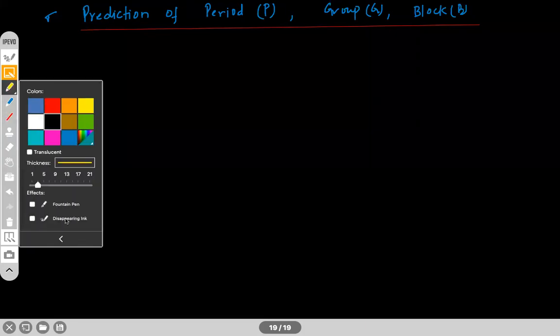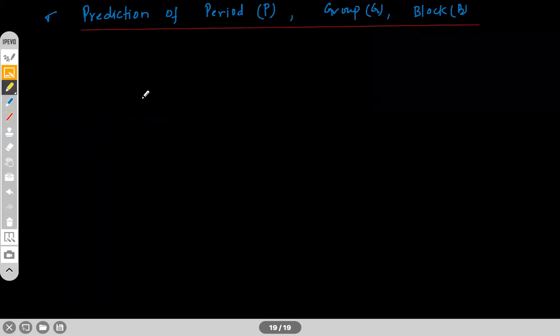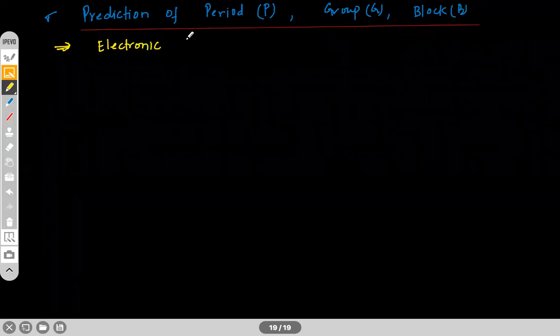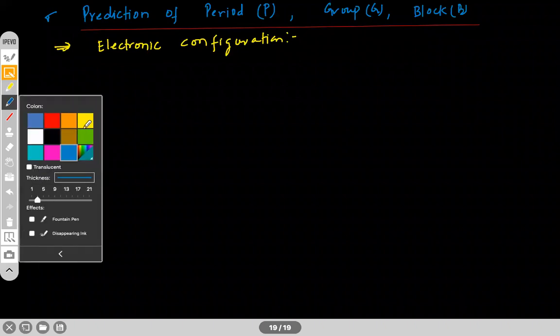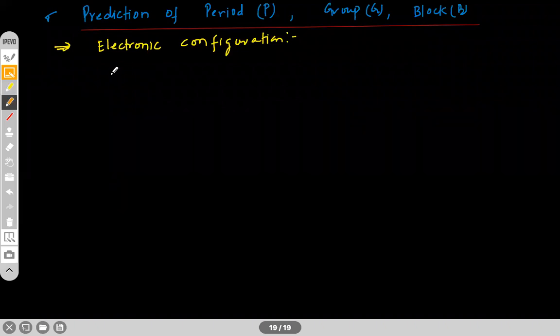Okay, the first thing is, generally electronic configuration would be given in the question. If it is not given, you can draw it. So the period for the given electronic configuration is very simple to identify. You won't have any doubt and you won't get a wrong answer.